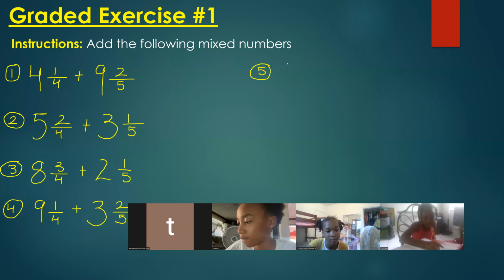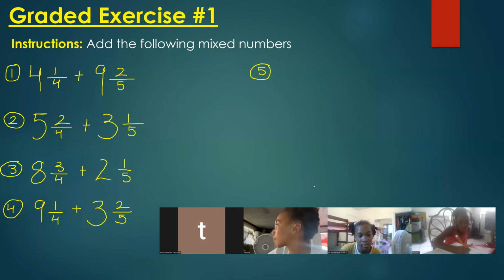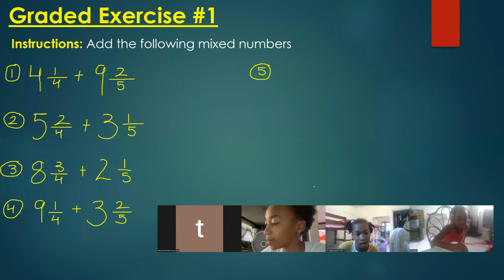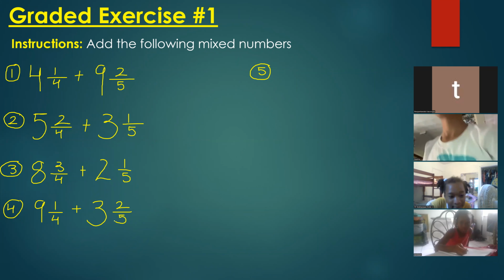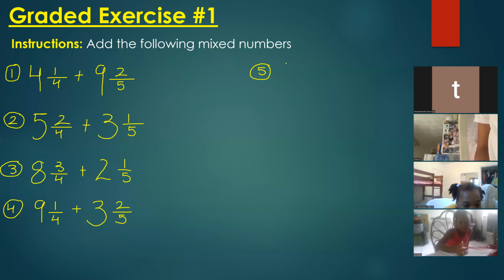Number 1 has the same denominator as number 2. Oh yeah, that's fine. But they're not, one is 4 and 5. All of them are 4 and 5. So all of them are 4 and 5.